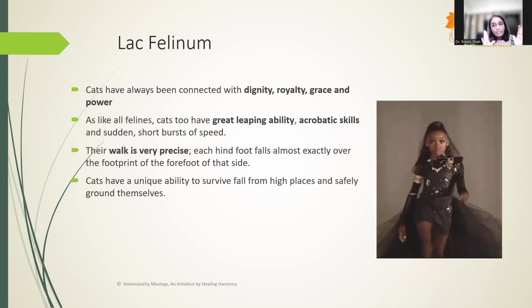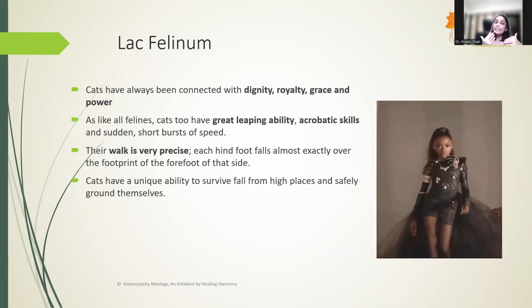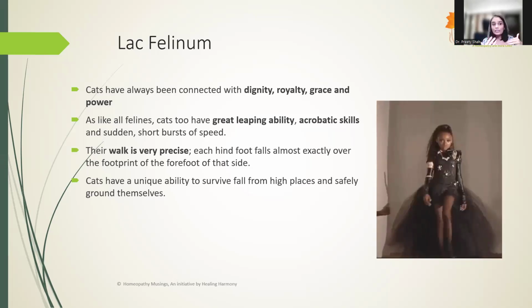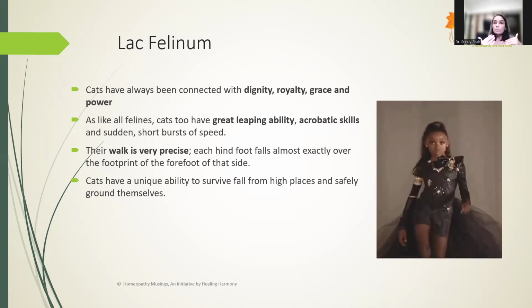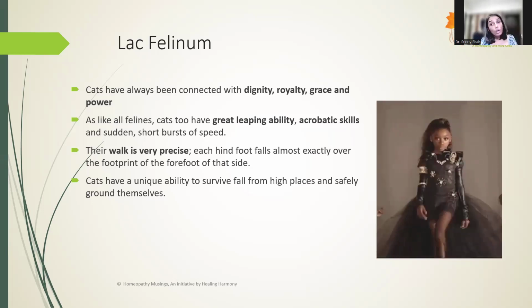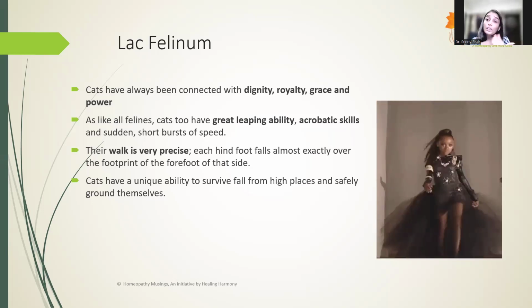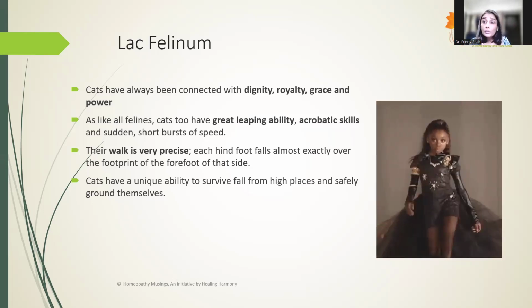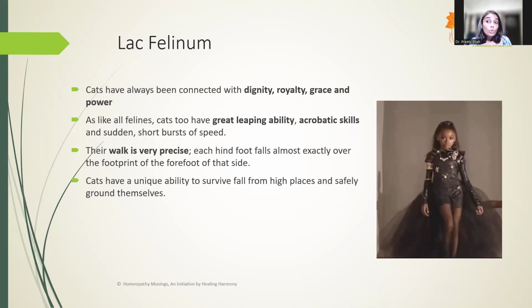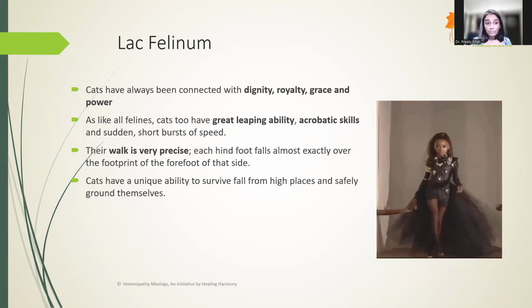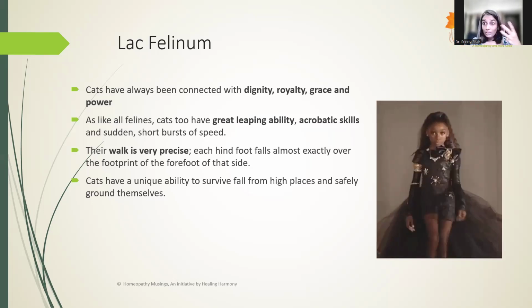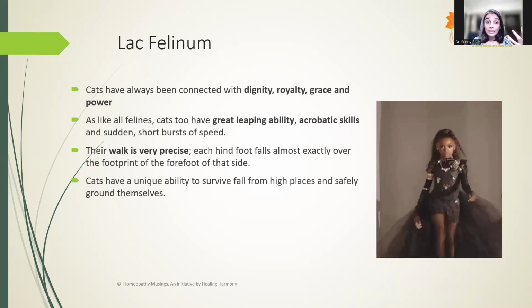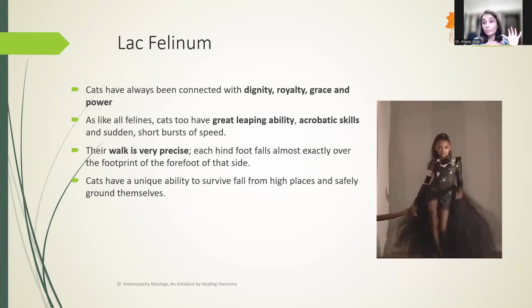Like all felines, cats too have a great leaping ability, acrobatic skills, and sudden short bursts of speed. So in the homeopathic world, you can see patients who are fairly more acrobatic, fairly more sporty, and very flexible. Their walk, like the actual domestic cat, is also very precise.